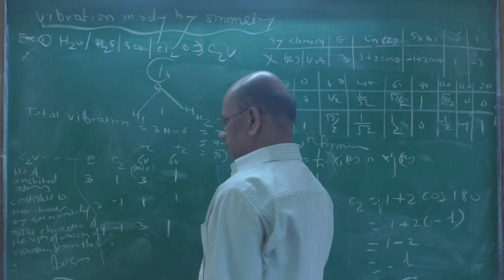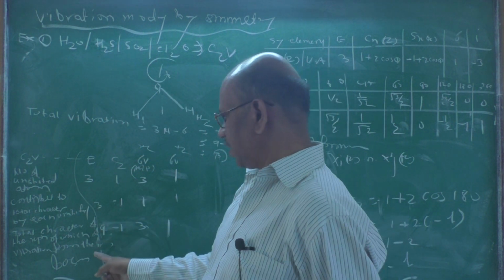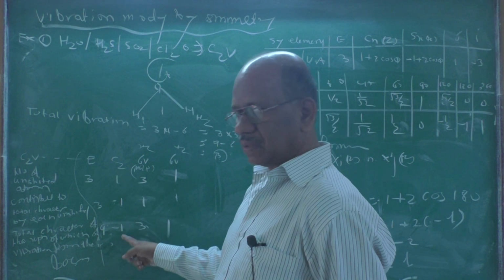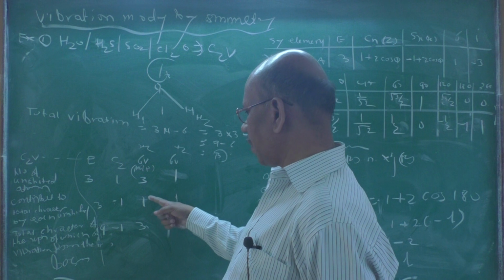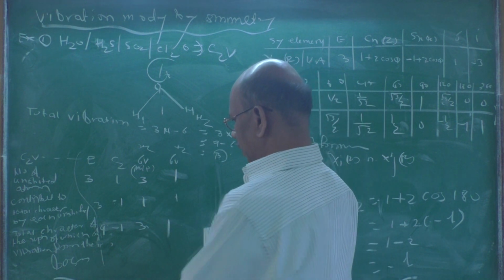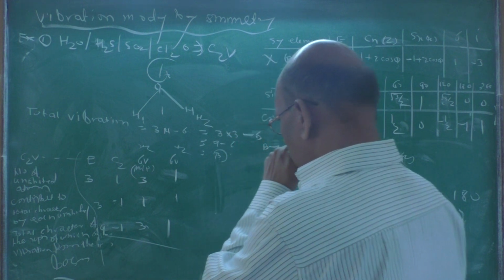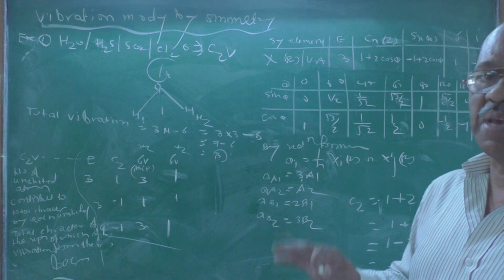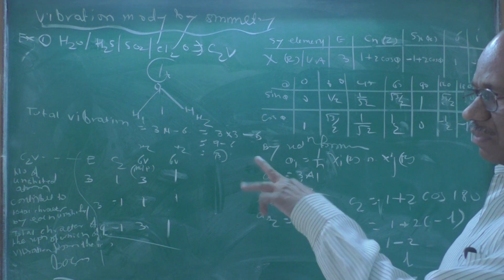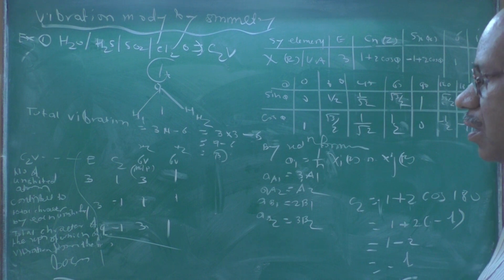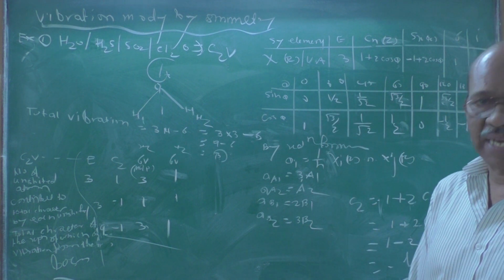You take the multiplication: 3 multiplied by 3 becomes 9, 1 multiplied by minus 1 becomes minus 1, 3 multiplied by 1 becomes 3, 1 multiplied by 1 becomes 1. So this is the total character of the representation of which the vibrations form the basis. I have to take the product of the number of unshifted atoms and the contribution to the total character by each unshifted atom.